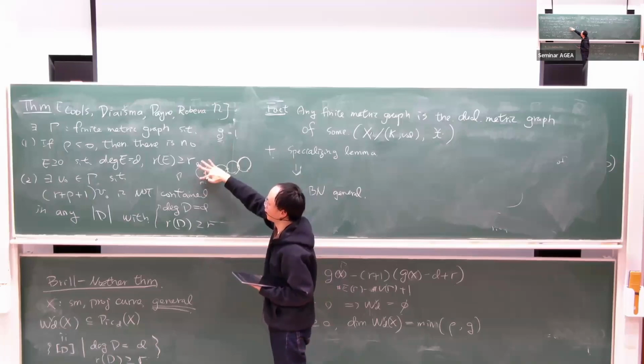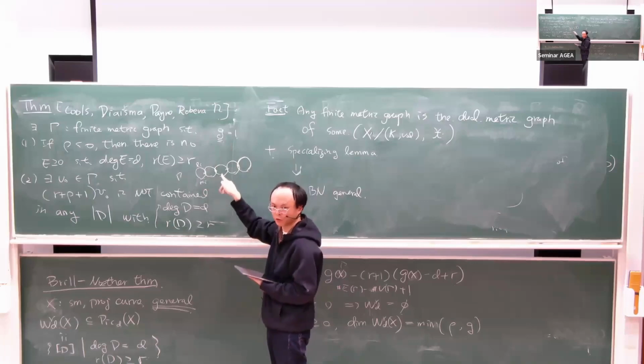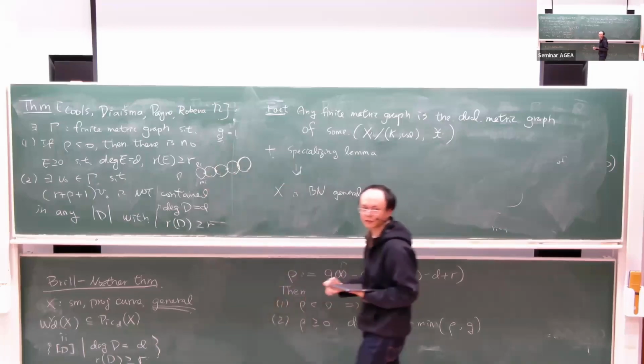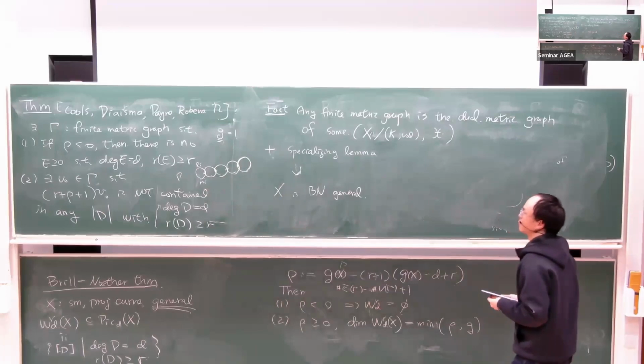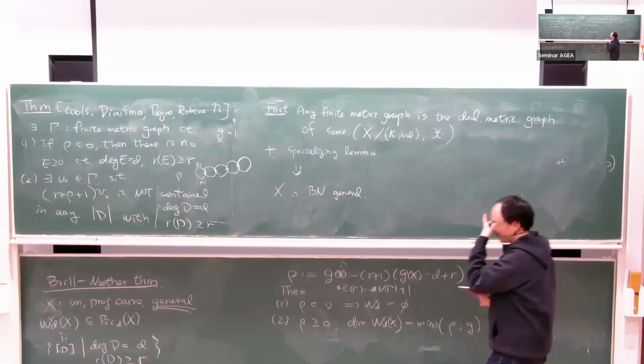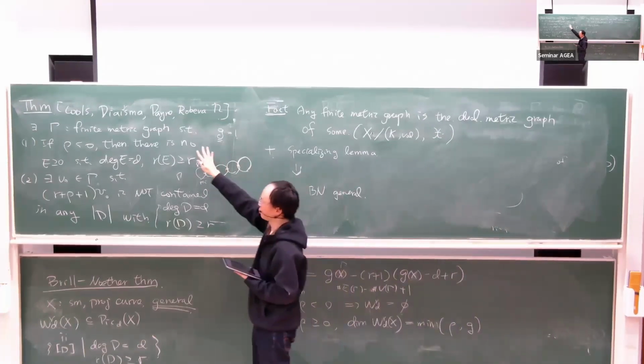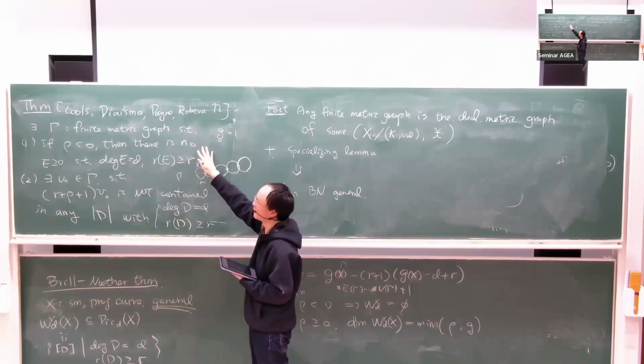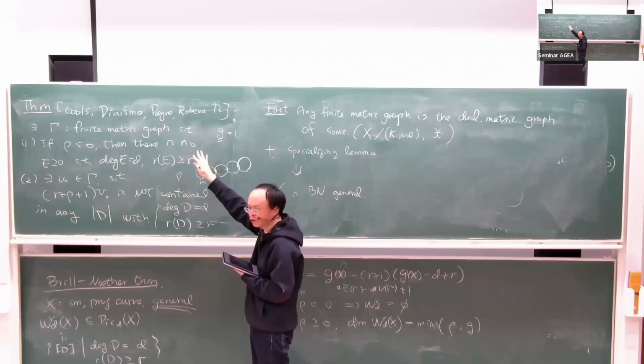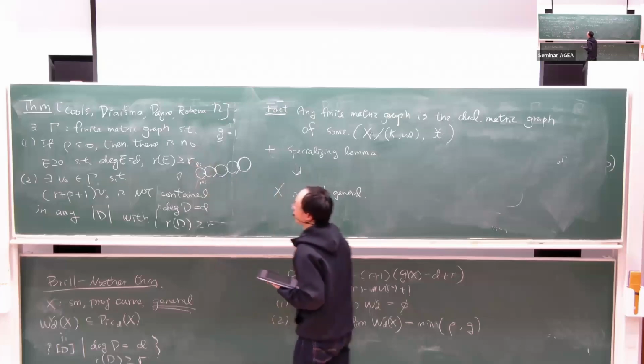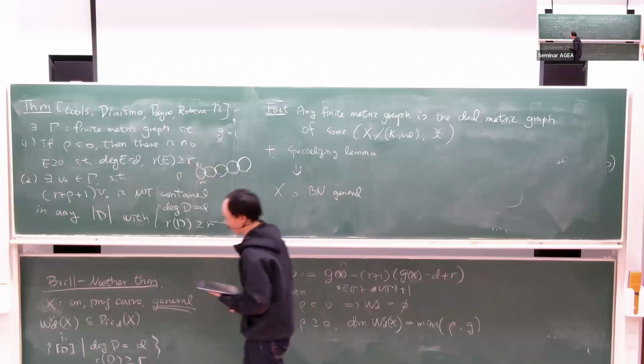You need to control the length of each loop. I mean, for each loop you have the upper length and the lower length. You need to control these lengths. Okay, thank you. So that's why this Brill-Noether metric graph is not very simple. You actually need to do something to argue that it is Brill-Noether general.